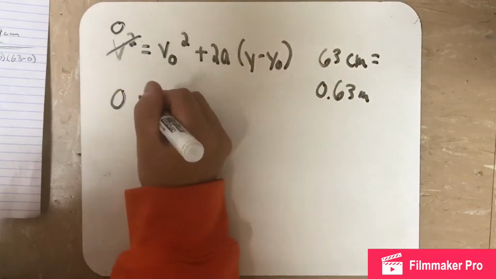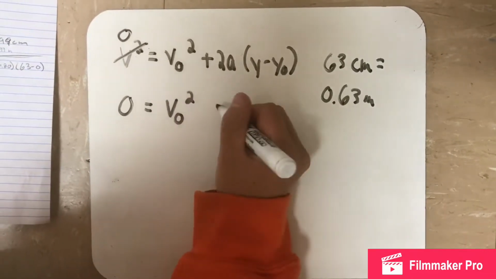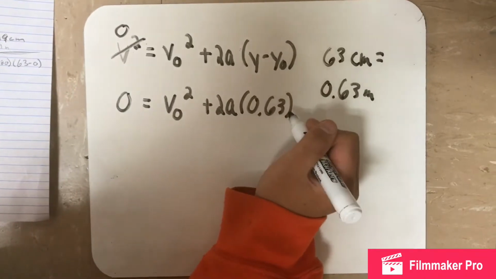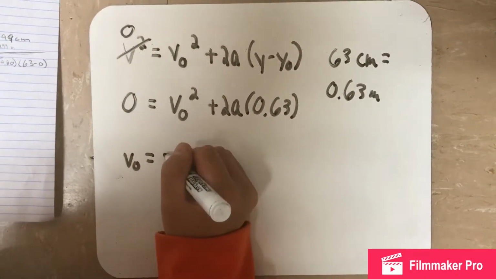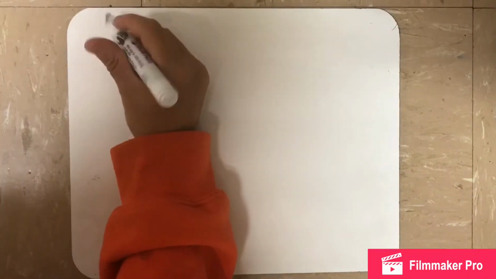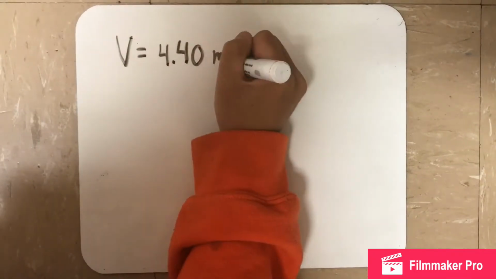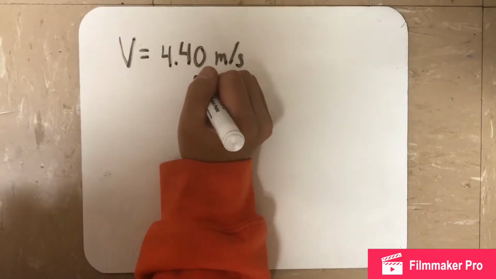And now we just plug everything in to find the initial velocity, and that turns out to be 3.51 m/s.